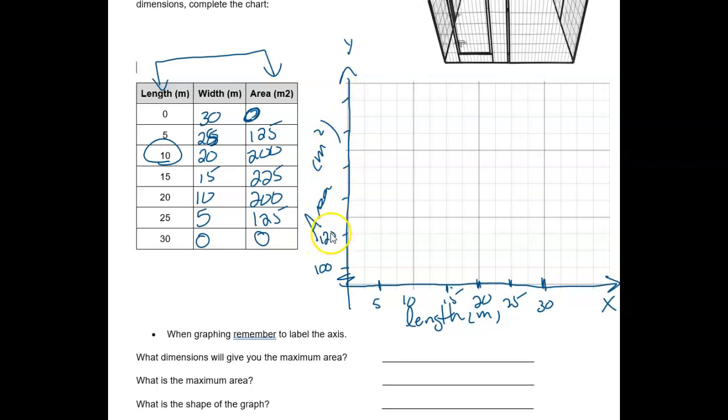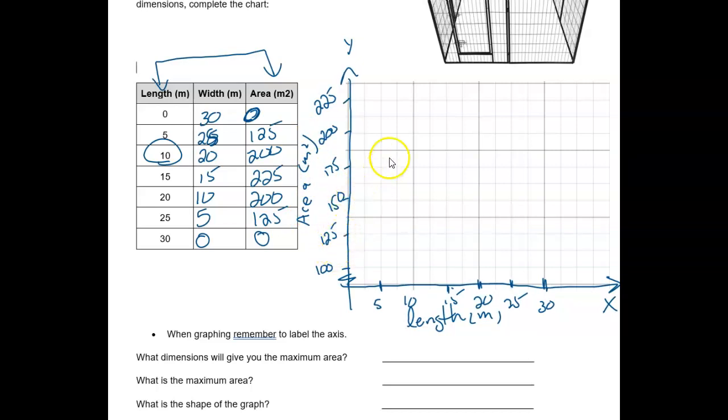So this will be 125, 150, 175. We'll just move that, and we'll change the label after. 200 and 225. And this will be your area in meters squared.